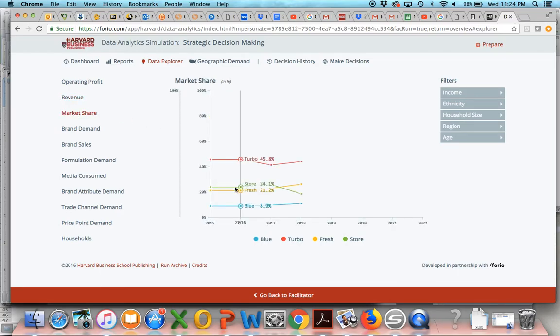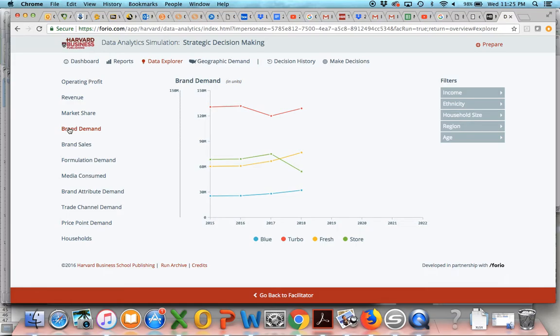So market share, rather than a pie chart, you can see what it is in each year. These demand items are things you're going to want to think about in terms of how you market the company. Where do you push the advertising? So brand demand.